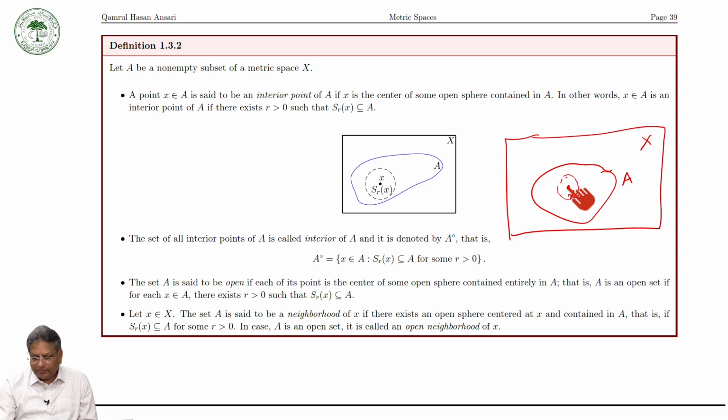In other words, the set A is called a neighborhood of x if there exists r greater than 0 such that S_r(x) is a subset of A. In case A is open, then it is called an open neighborhood of x.